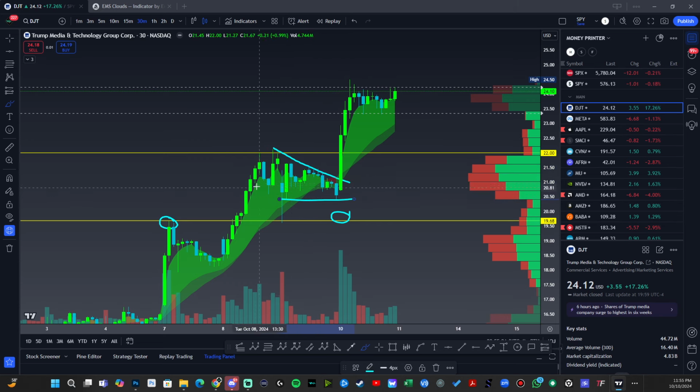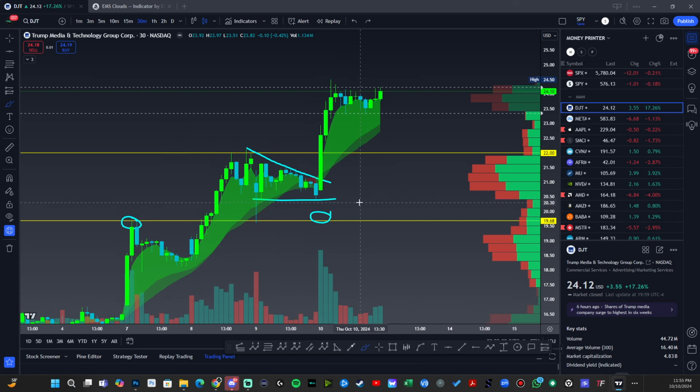We're building this coil here. Notice how the price action is getting tighter and tighter underneath this main resistance. This is what a textbook setup is, and I will take this trade every single time. So now, what do we do when we identify a setup like this?